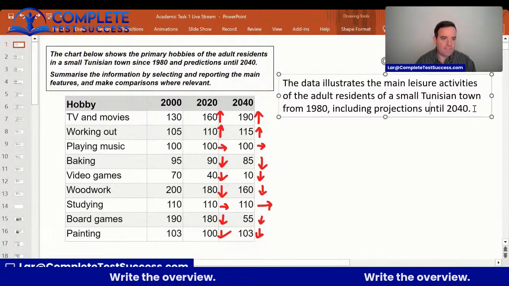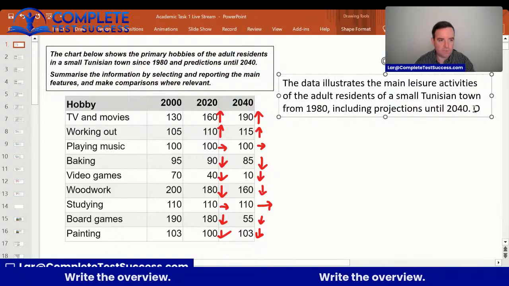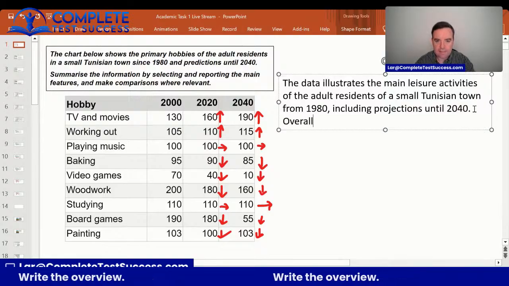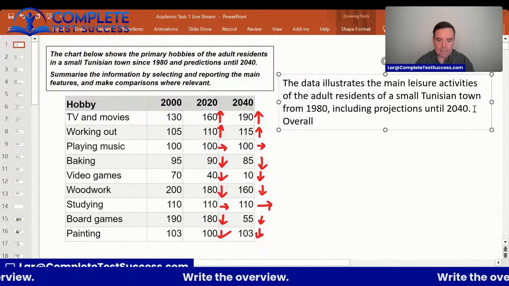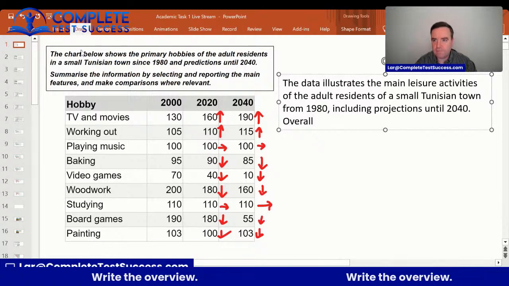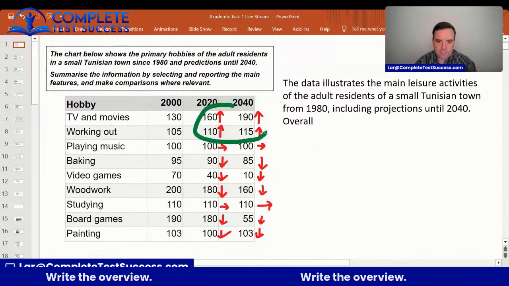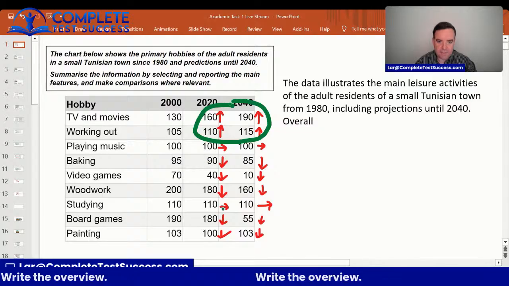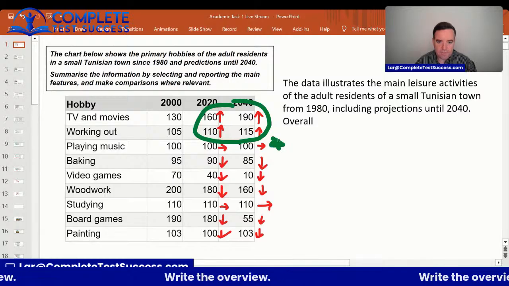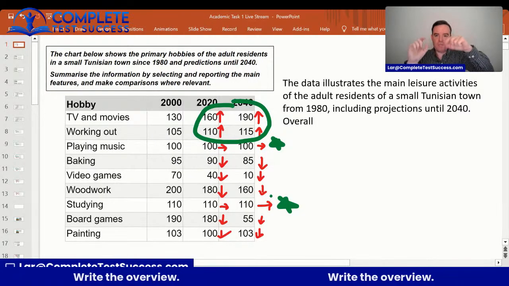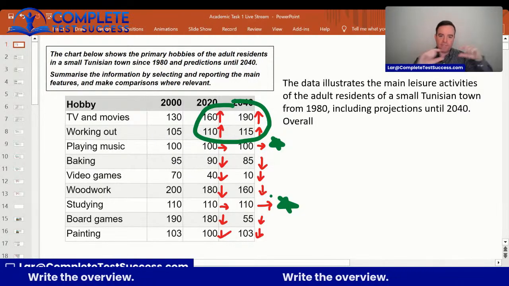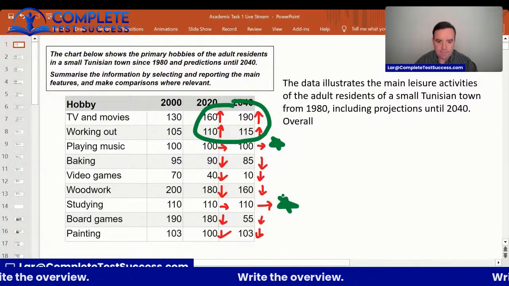Obviously every overview starts with overall. So overall. Now I'm looking at, they all did the same thing in each one, right? So these ones increased. These two stayed the same. And they're not increasing between 2000 and 2020. Each one is doing the same thing.